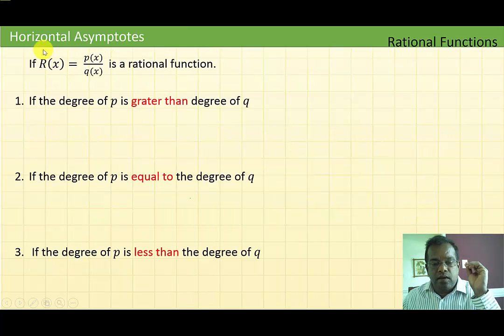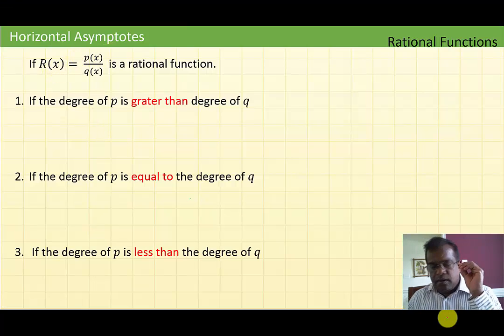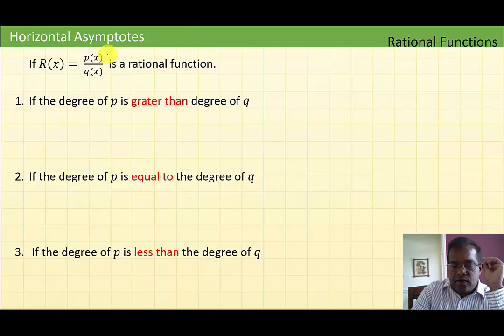Now let's look at the horizontal asymptotes of the graph of a rational function. In general, for a rational function, p(x) we write as a_n x^n plus a_(n-1) x^(n-1) plus ... plus a_1 x plus a_0, and q(x) we normally write as b_n x^n plus b_(n-1) x^(n-1) plus ... plus b_1 x plus b_0.